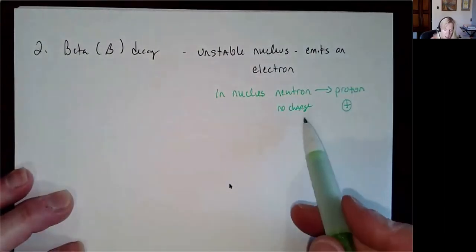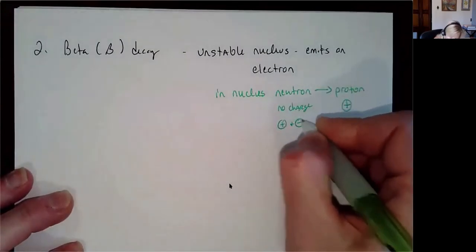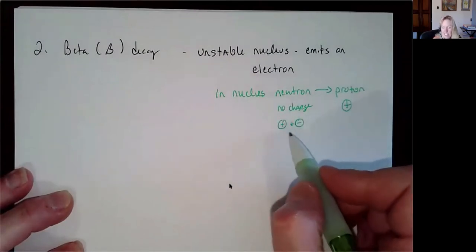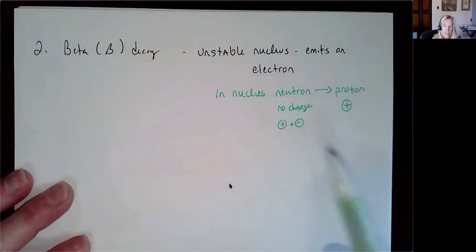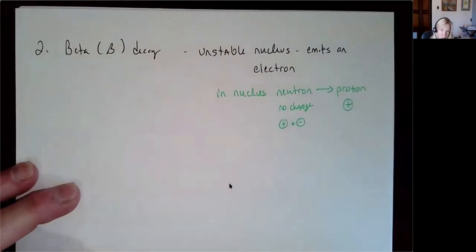If you think about a neutron as containing a positive and a negative charge that balance each other out, that's why it's neutral. This isn't really what's happening in a neutron, but thinking of it that way is going to help you keep track of what's happening in this radioactivity. So this will just be our secret way of looking at it.